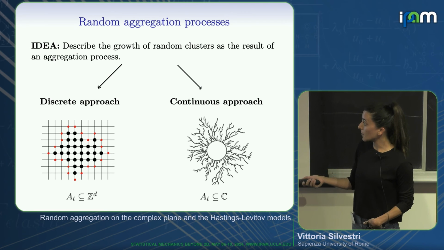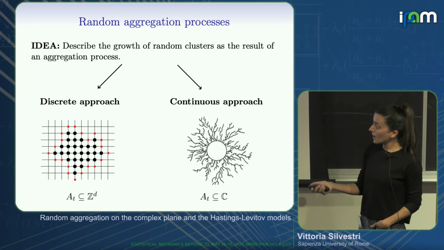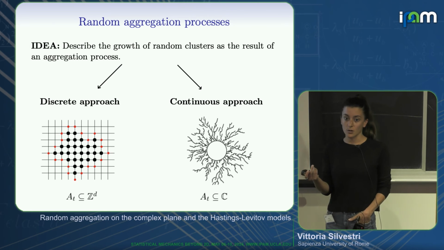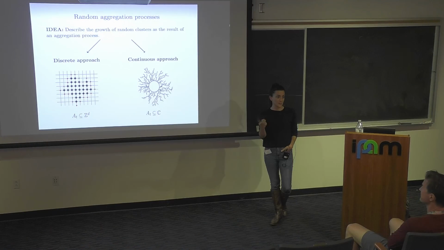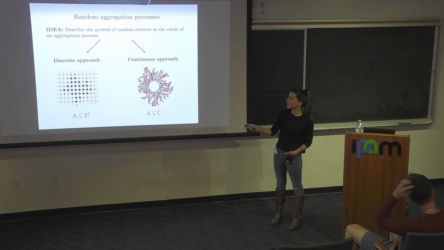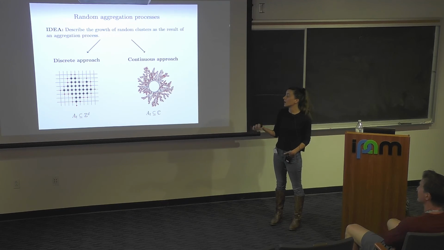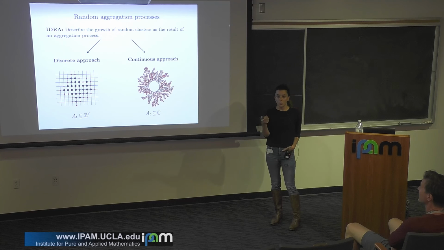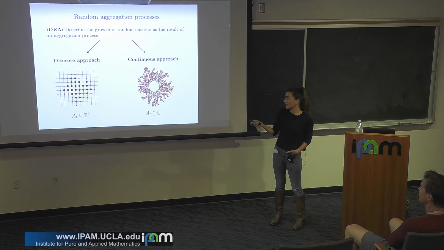At each step, you look at the outer boundary of your aggregate, and you prescribe a probability measure to choose the location of the next particle which aggregates to it. In the continuum setting, you have to prescribe a probability measure for the boundary of your continuum aggregate, which might look slightly more complicated than the discrete setting.